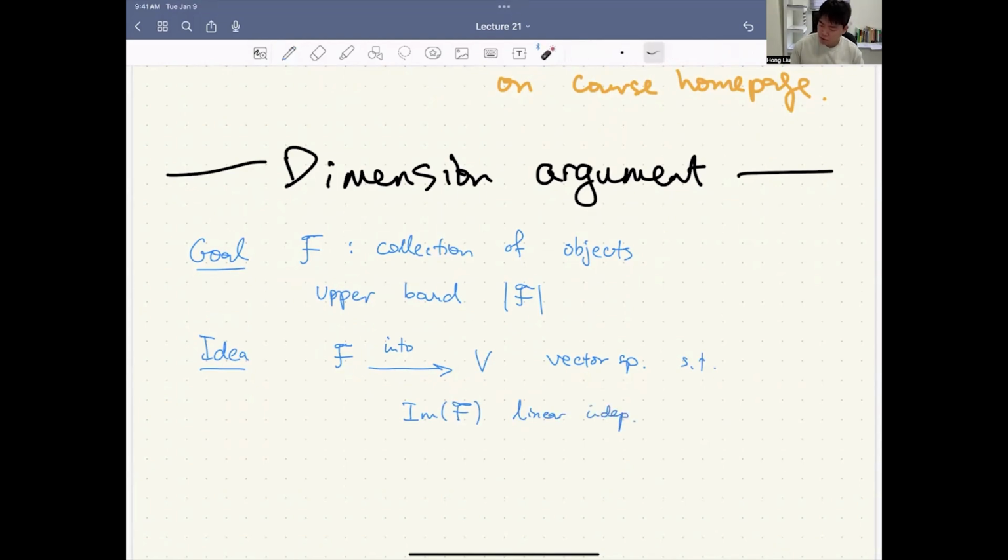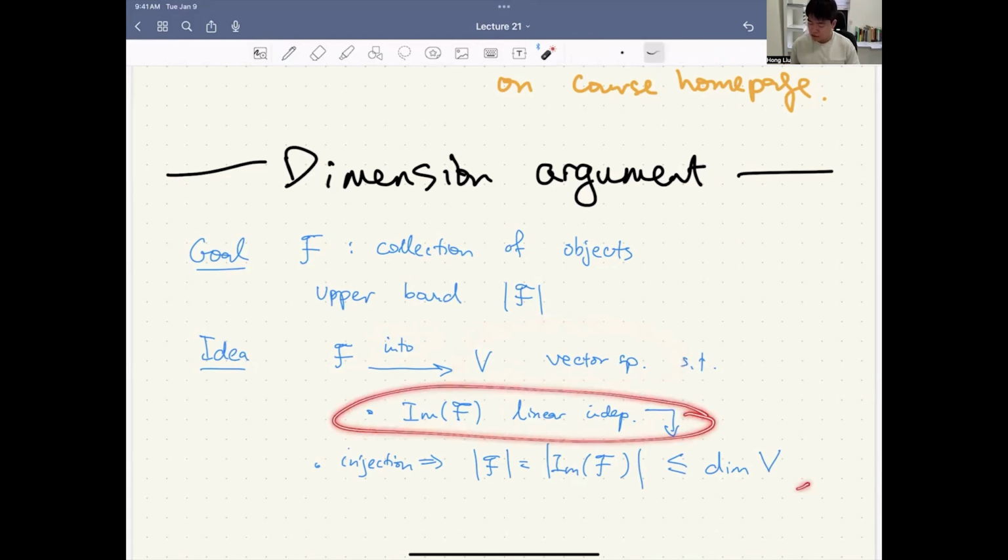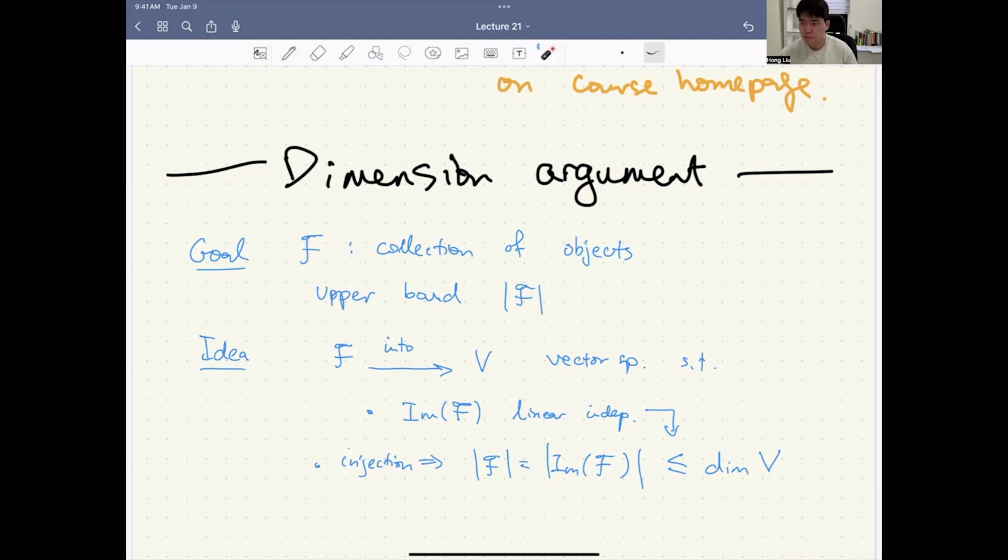Because it's an injection, we know that the cardinality is the same as its image, no problem. But since the image is linearly independent, we also know that this is at most the dimension of the vector space. So as long as you can find a nice low dimensional vector space and a nice map into it, we can upper bound our family. We've seen one such example, the odd town, even town problem. So let's see here.